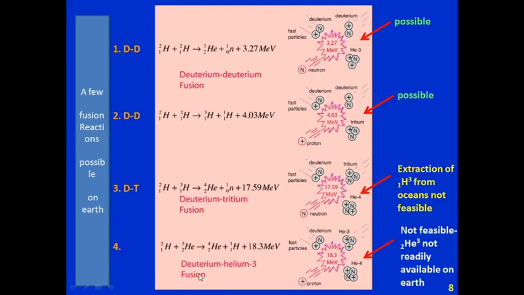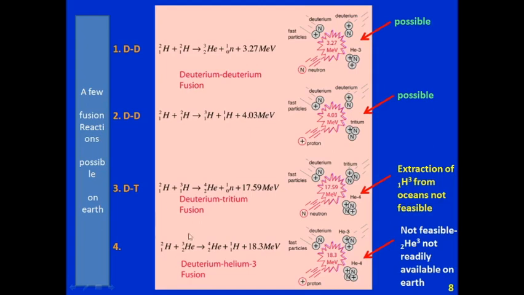But all these reactions are not very easy. Actually, the 2 deuterium reactions, the DD reactions, are almost possible. The third reaction, DT, uses tritium. Tritium is not readily available on the surface of the Earth. It is available in oceans, so extraction is a difficult process.